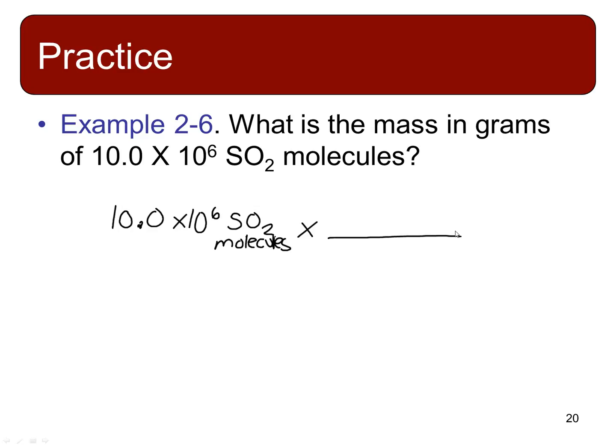Yep, it's just kind of backwards from the ones we just did. So this time you're starting with molecules instead of with grams. So you're going backwards.